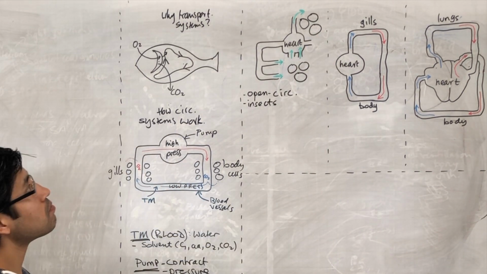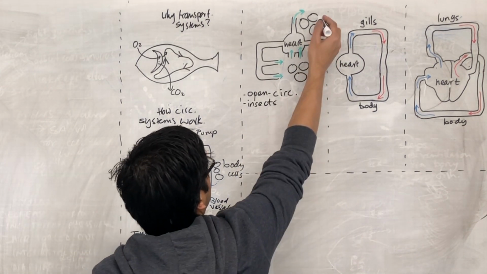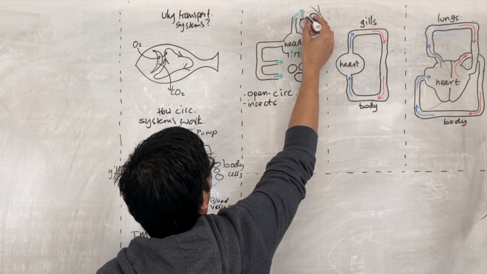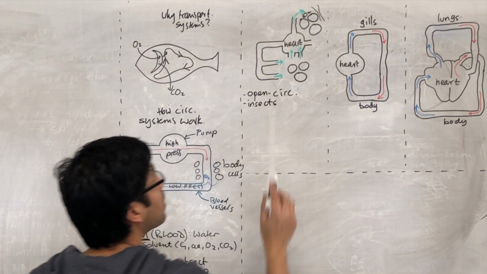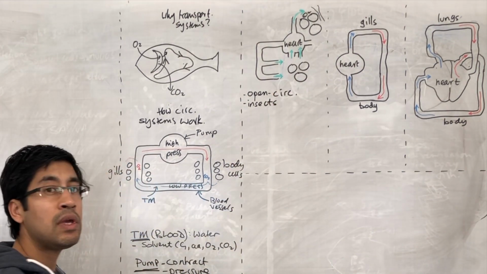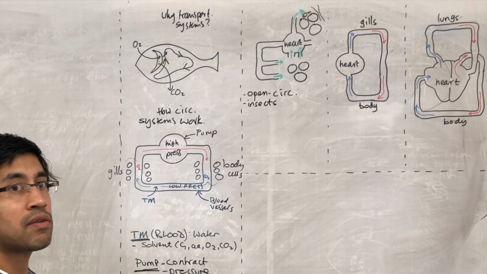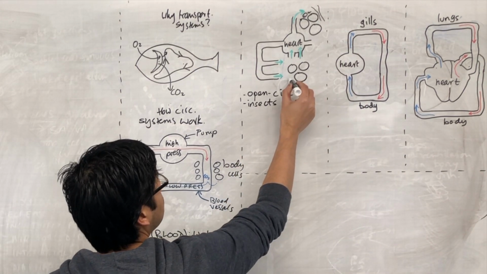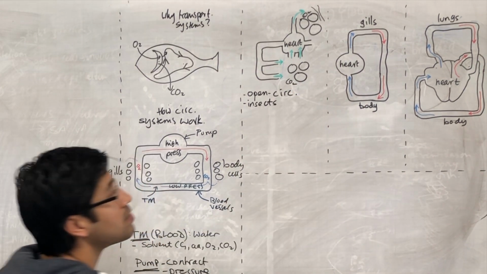So what happens, again, let's say that these cells are near a tracheole, okay, so there's a nearby tracheole here, and so there's a high availability of oxygen over here, whereas these cells happen to be not as close to a tracheole, and so maybe there's a greater concentration of CO2 here.